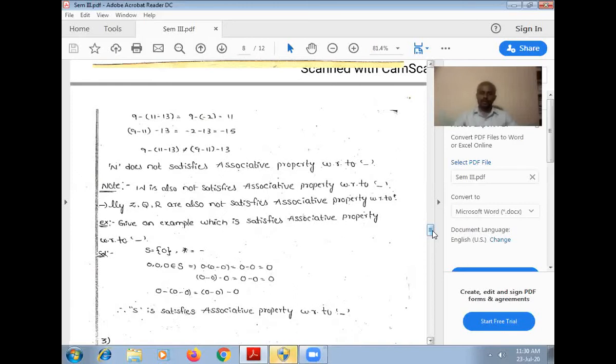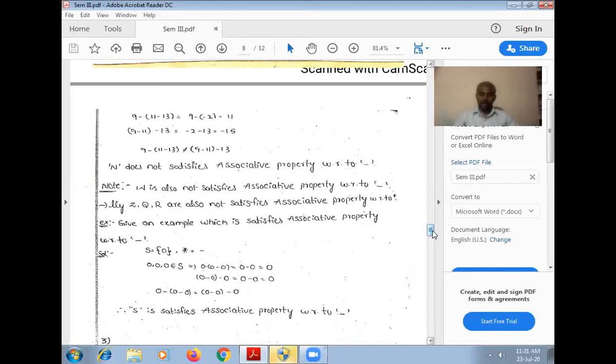You can take any natural numbers, integers, rational numbers, or real numbers and verify that condition; we do not get the same values. So N, W, Z, Q, R all do not satisfy the associative property with respect to minus.